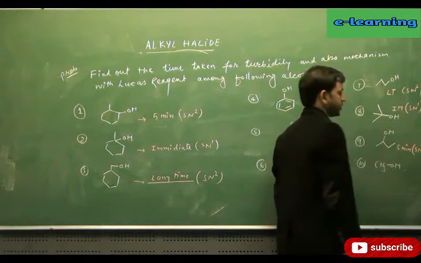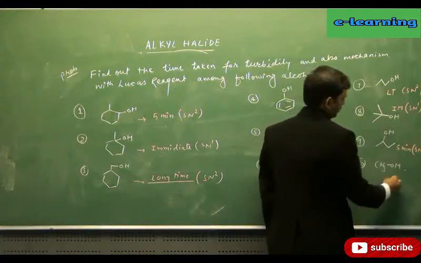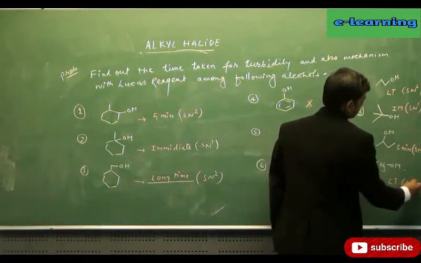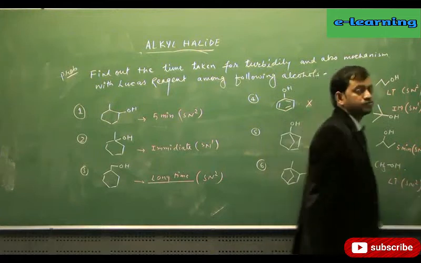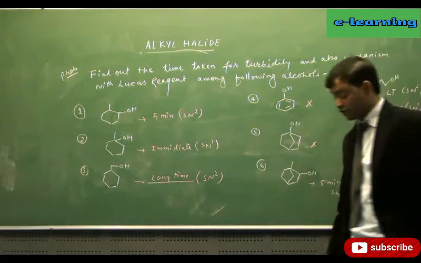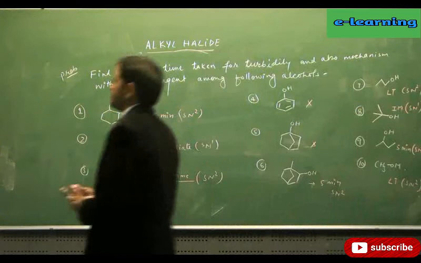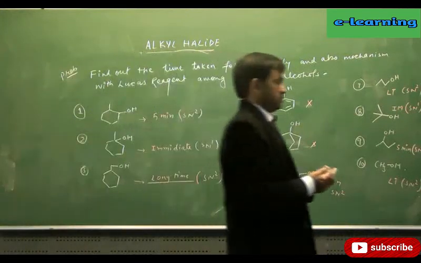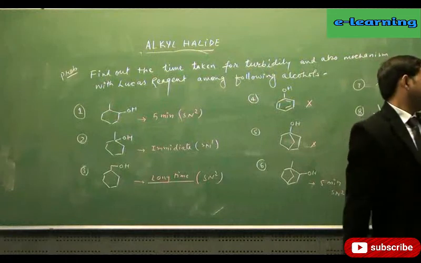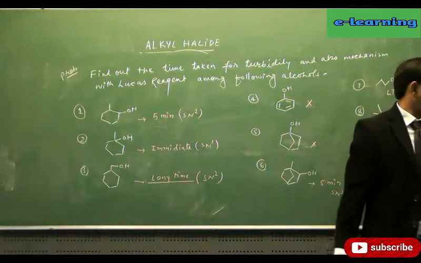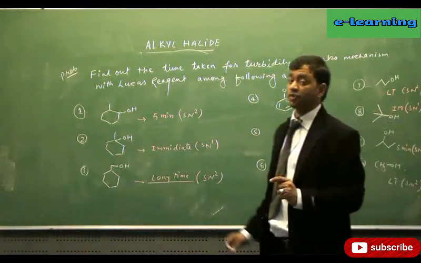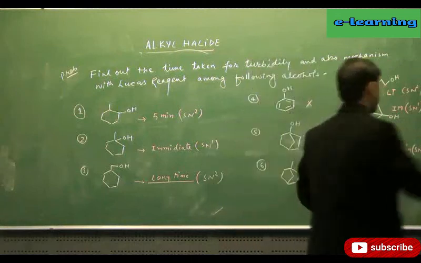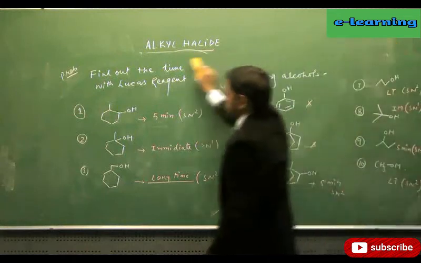CH3OH, long time, SN2. If the alcohol gives a resonance stabilized carbocation, then it follows SN1 and gives immediate turbidity. Come to the next.